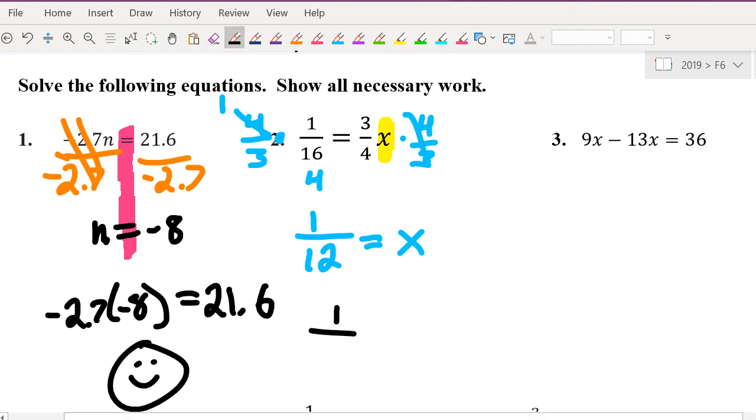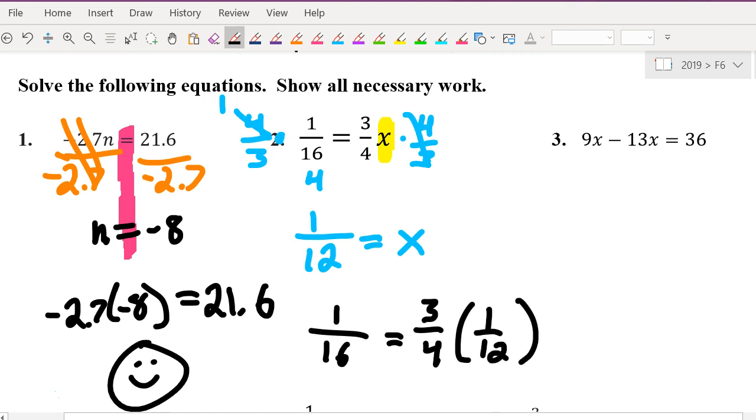So we're going to say, is 1/16 equal to 3/4 times 1/12? Well, again, when you're multiplying these, you can reduce. 1 over 4 times 4, yes, that's 1/16, so it worked. So we can go home and say, look, Mommy and Daddy, I got 100%. I checked all my answers on the test. Woohoo! I forgot to put my line.